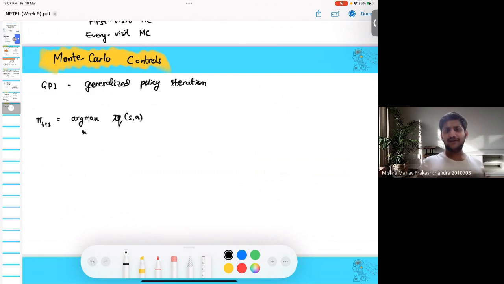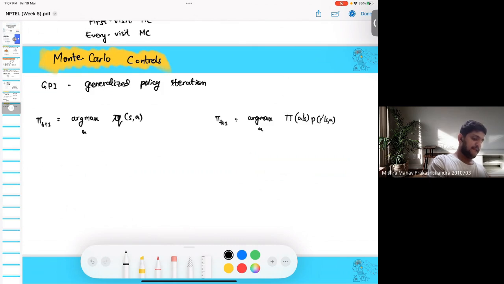The reason I'm being greedy with respect to the Q function is that if I instead chose to be greedy with respect to the V function, it would require me to have knowledge of the policy and knowledge of the model.